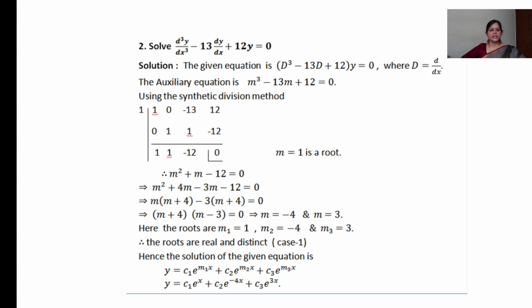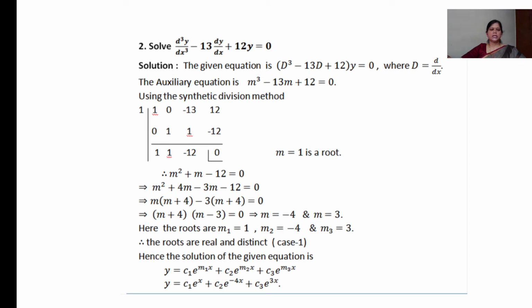The next example is: solve d³y/dx³ - 13 dy/dx + 12y = 0. The given equation is (D³ - 13D + 12)y = 0 using the operator D = d/dx.